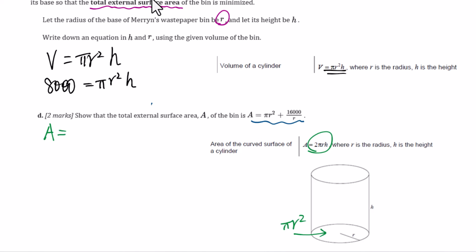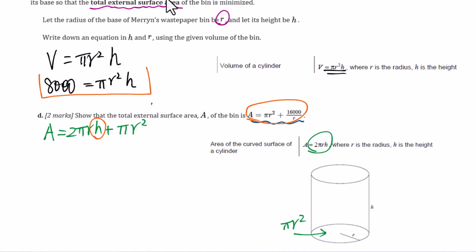A equals 2 pi r h plus pi r squared. Let's check this equation. A equals pi r squared plus 16,000 over r. No h. We need to use r to substitute for this h.